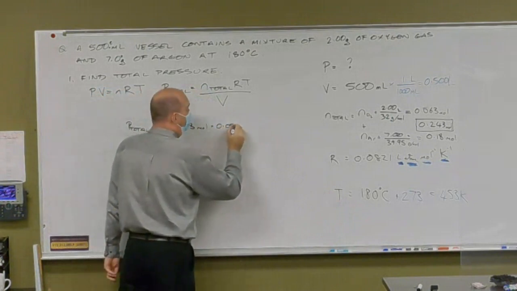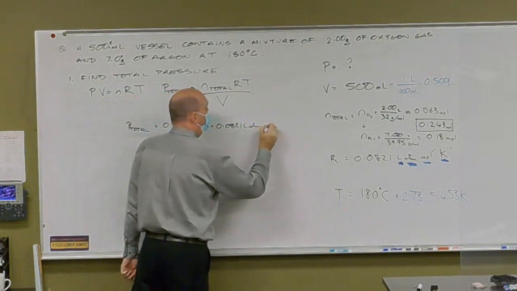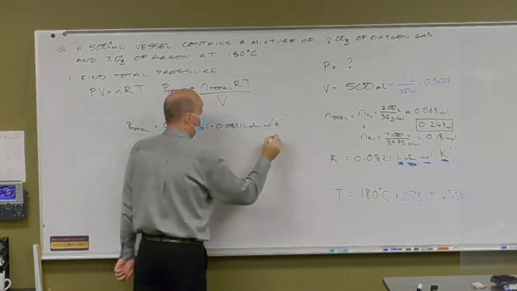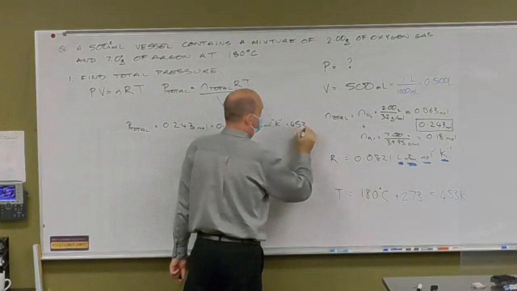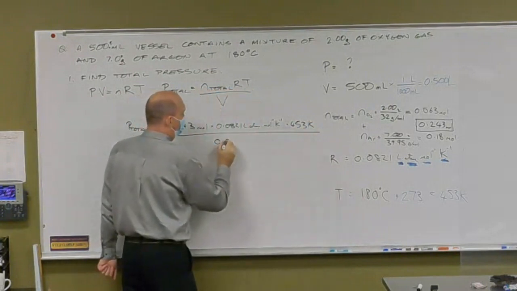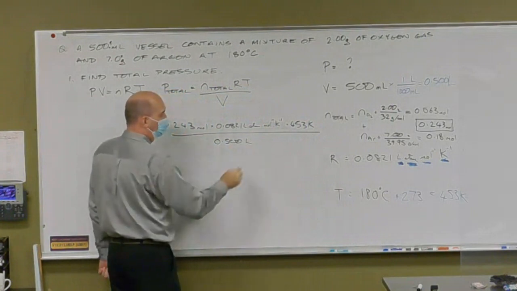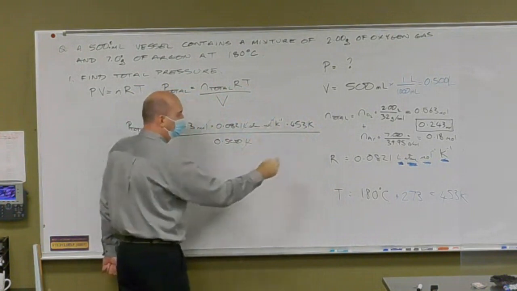So the R is 0.0821 liter atmospheres per mole per Kelvin, and then the temperature is 453 Kelvin, and the volume is half a liter. That liter cancels with that liter. This mole and that per mole cancel.